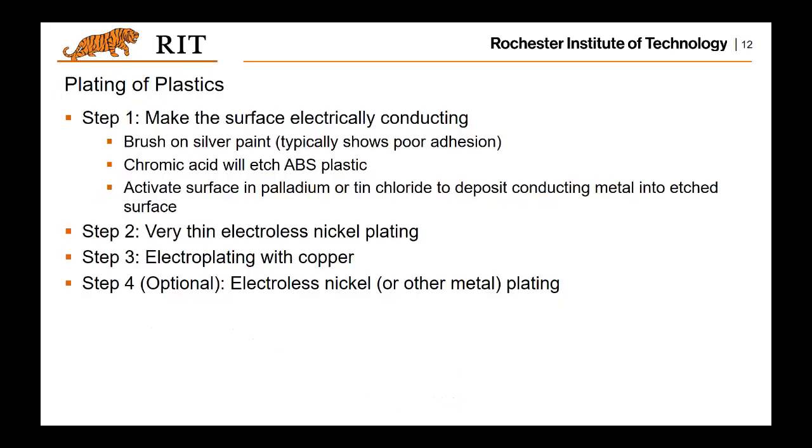There are several steps for the plating, similar to those for parts manufactured using other processes like injection molding. First thing first is to make the surface electrically conducting, right? Basically, you want to make the surface able to attract the electric charges. The second is to place a very thin layer of electroless nickel plating.